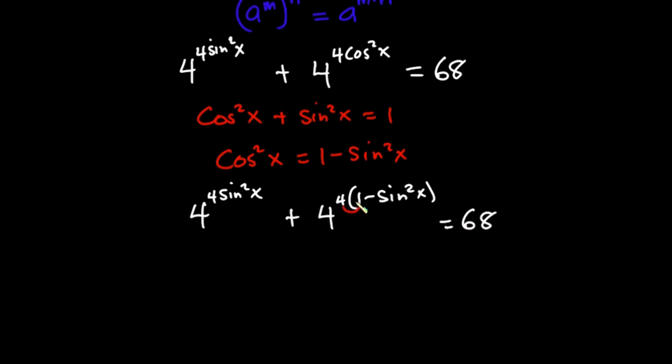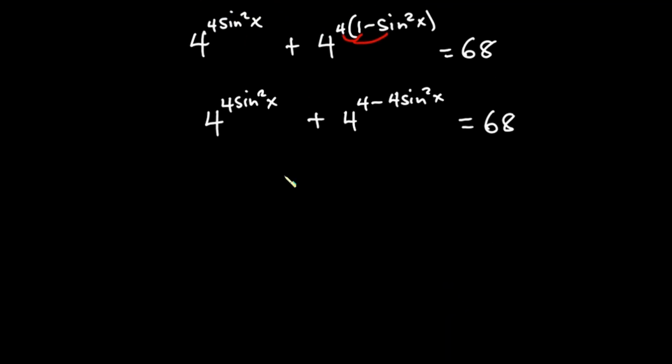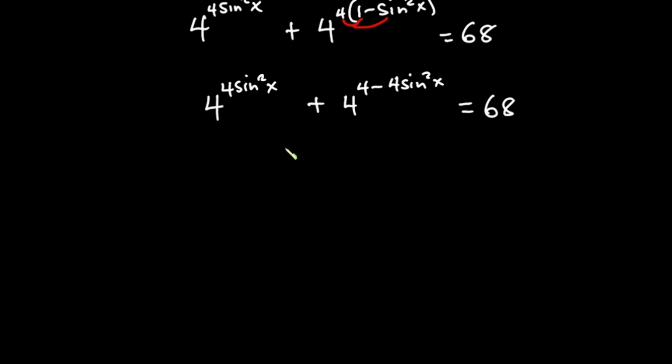And from here, let's distribute this 4. So we're going to have 4 to the power 4 sine squared x plus 4 to the power 4 minus 4 sine squared x, and this is equal to 68. Now from indices, once again, if we have a to the power m minus n, this is the same as a to the power m divided by a to the power n.